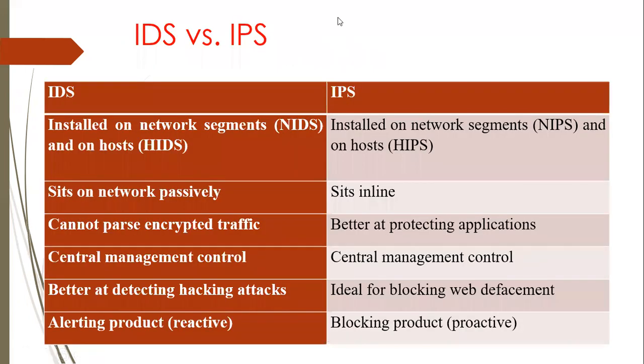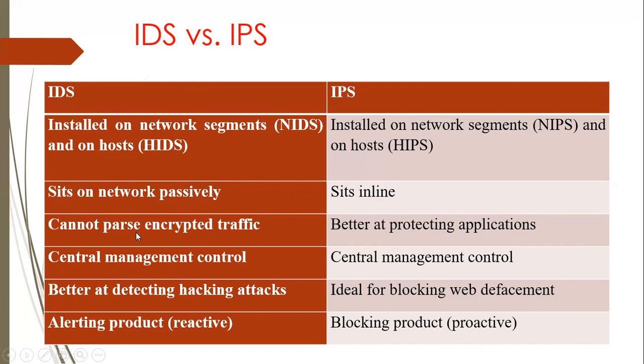Look at the major differences between the IDS and IPS. The IDS is installed as NIDS and HIDS, whereas the IPS is installed as NIPS and HIPS. IDS is a passive approach, and IPS is an inline approach.